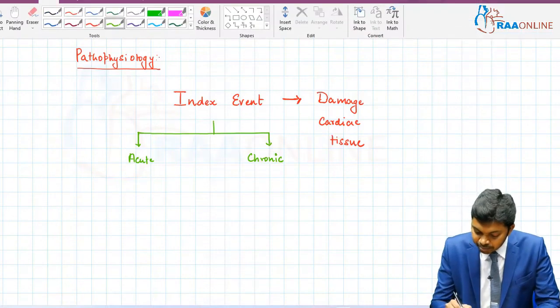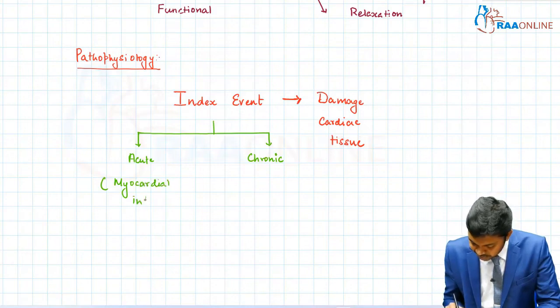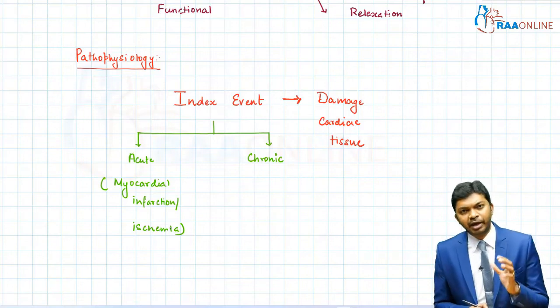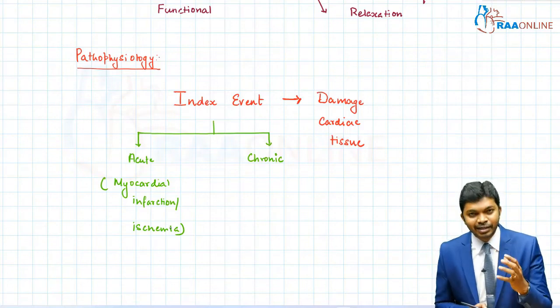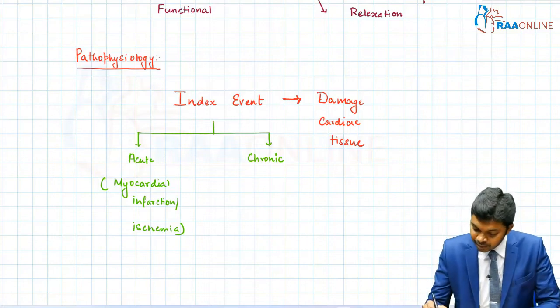For example, myocardial infarction, predominantly, or to some extent myocardial ischemia as well. Alright guys, myocardial infarction or myocardial ischemia is an index event that attempts to disrupt cardiac architecture.